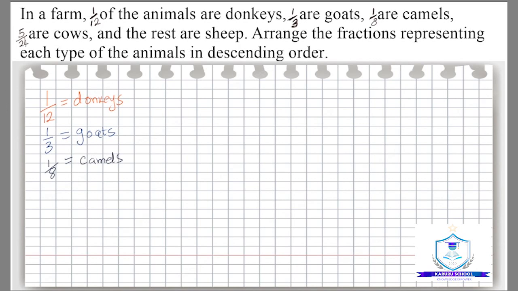Then we have 5/24 corresponding to cows, and then we have a fraction representing the sheep which we do not know. So in this case we will write a question mark here. This corresponds to sheep. To get the value of the fraction representing the sheep, we will need to calculate the fraction by subtracting all the other fractions from the whole.